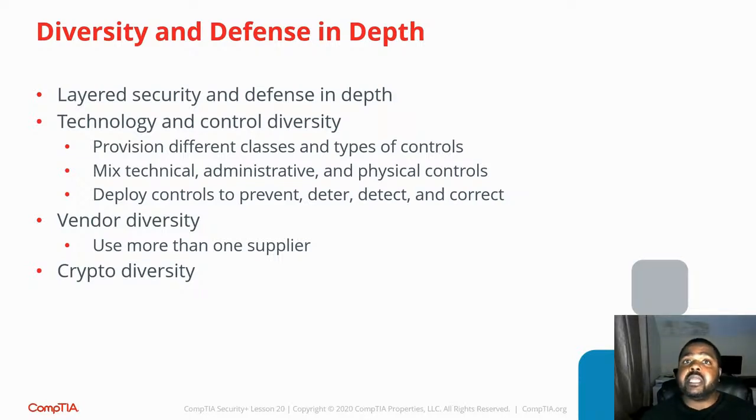Now, it is important that this software talks to each other and plays nice, because I've seen somewhere where you could be so diverse that none of the applications really talk to each other and integrate with each other well. We'll go deeper into vetting out your vendors to make sure that they can talk to other vendors. But you also want to keep in mind that diversity creates a defense in depth.